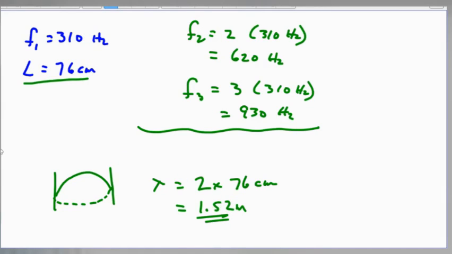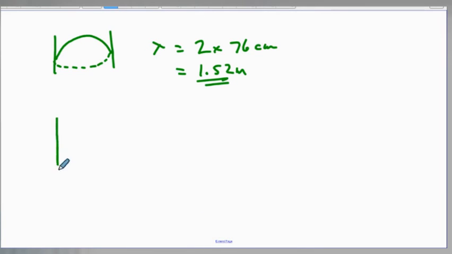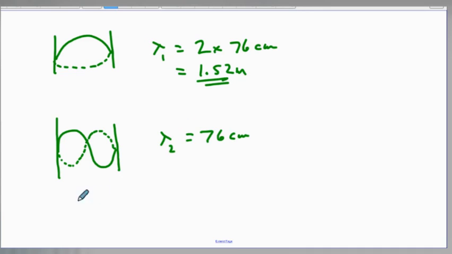What about my second one? Once again, I've got this reflection here. This time my wavelength is simply 76 centimeters. That's the second one. I'll put a little 1, 2, and 3 here to represent these.